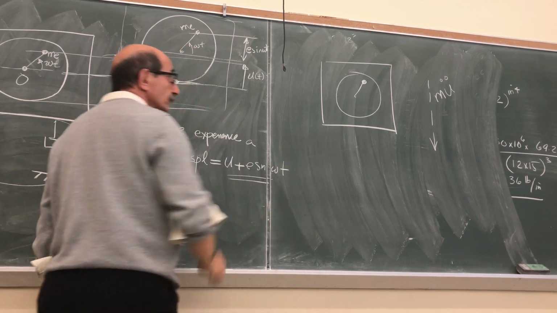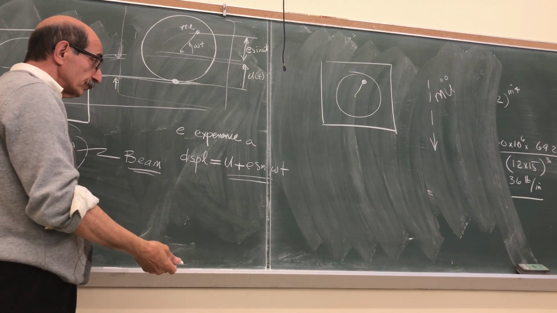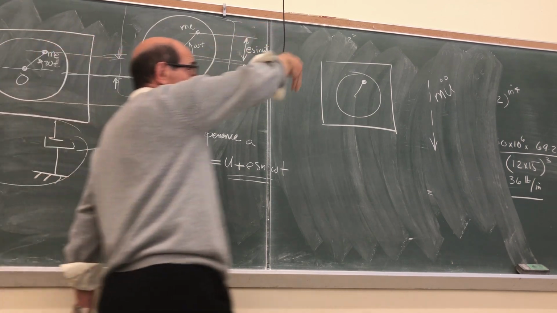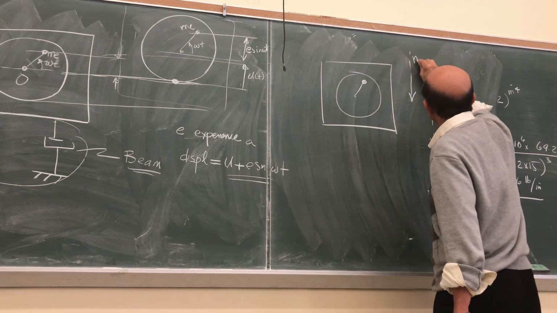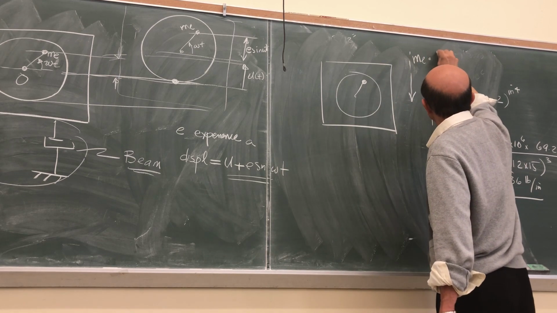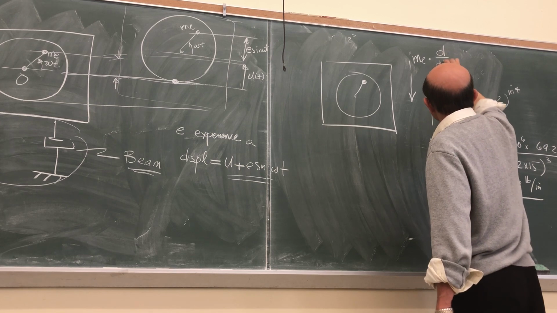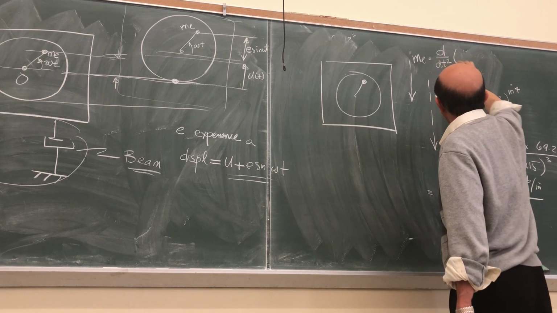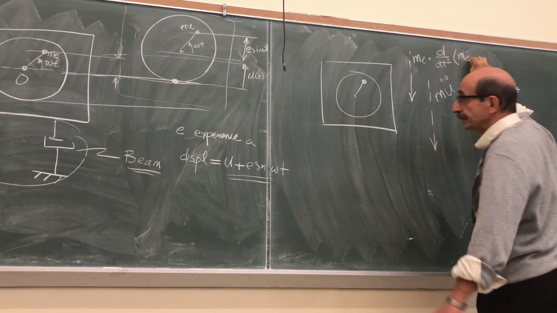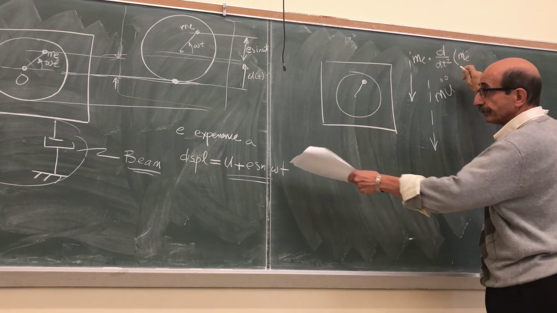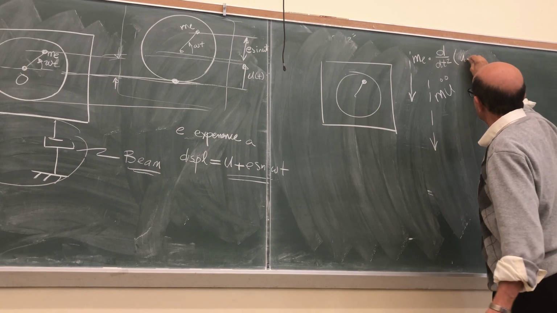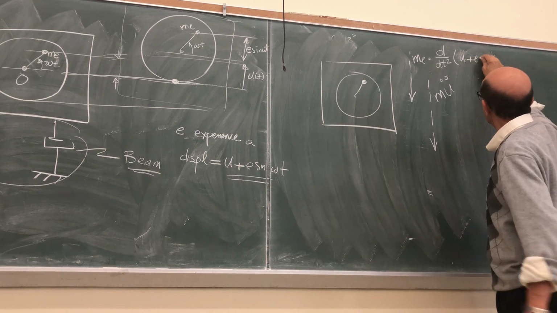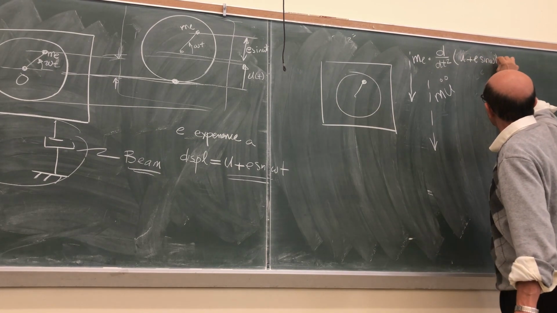So the inertial force would be M sub E times the second derivative with respect to t of U plus E sine omega t.